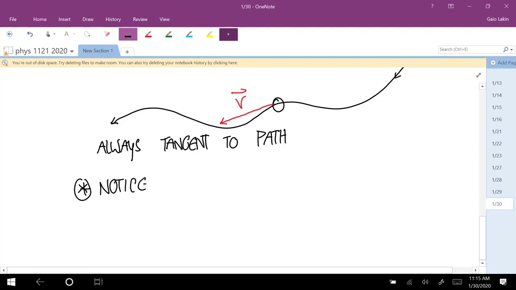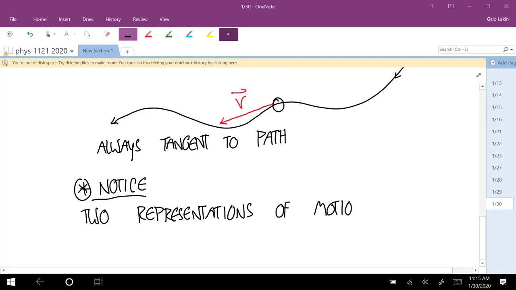Notice that with this idea that the velocity is tangent to the path, we already have a way to draw two representations of motion that can look the same, but they mean very different things.